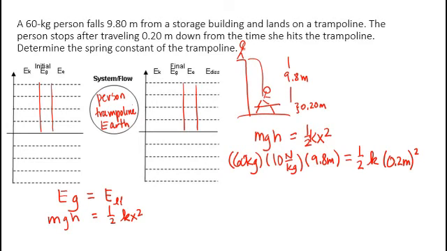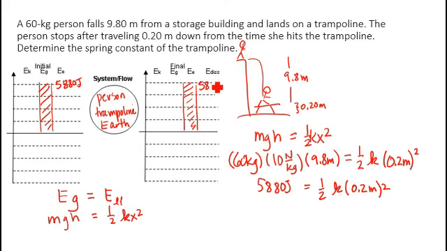So on the left side, I've got 5,880 joules, and so we can fill this in and put 5,880. And on the right side, I've got 1/2 k times 0.2 meters squared. I know that that is also equal to 5,880.